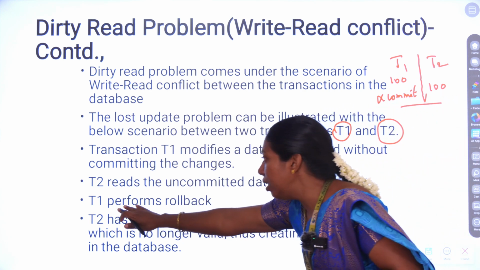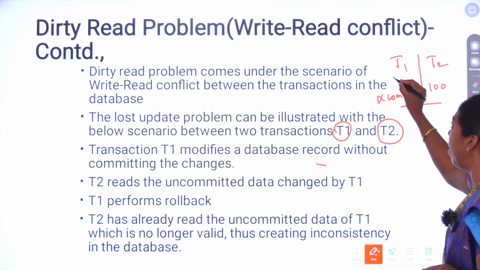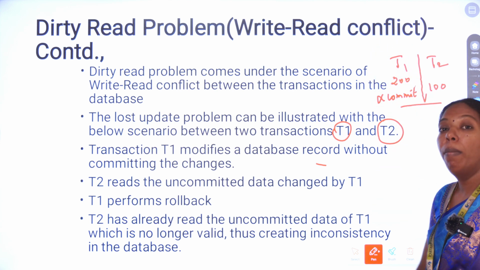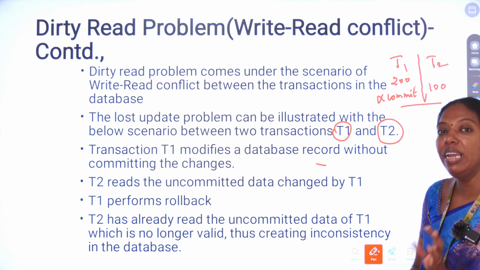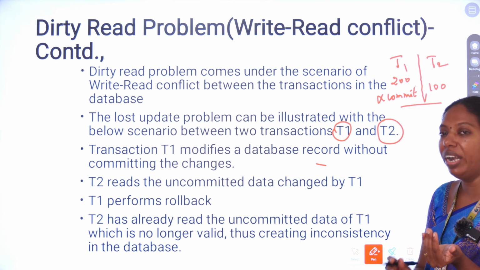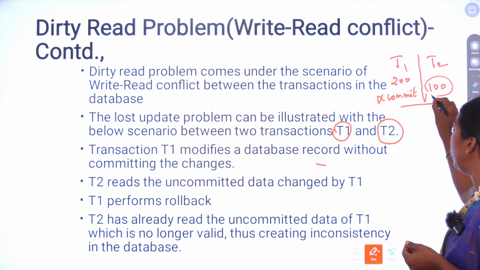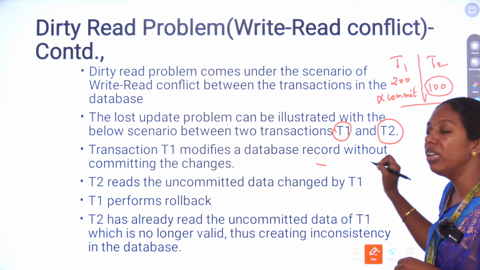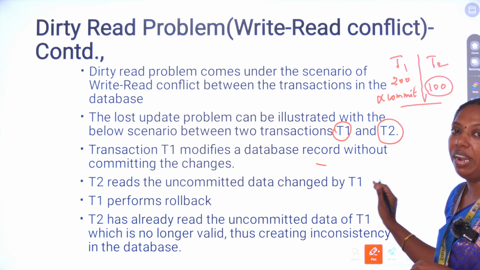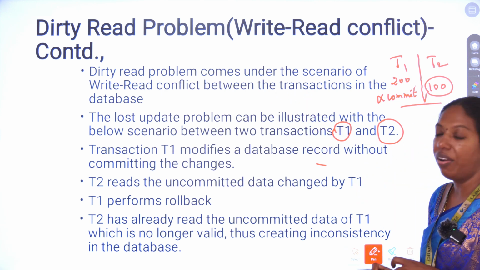Immediately T1 performs a rollback, since this is not 100, and restores 200. But T2 does not know that T1 rolled back its value to 200, so in the database T2 holds the value 100 only. This creates the inconsistency in the database, and due to this situation it is called a dirty read problem.